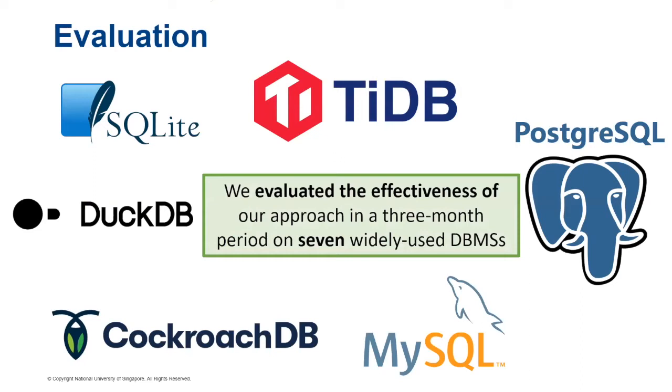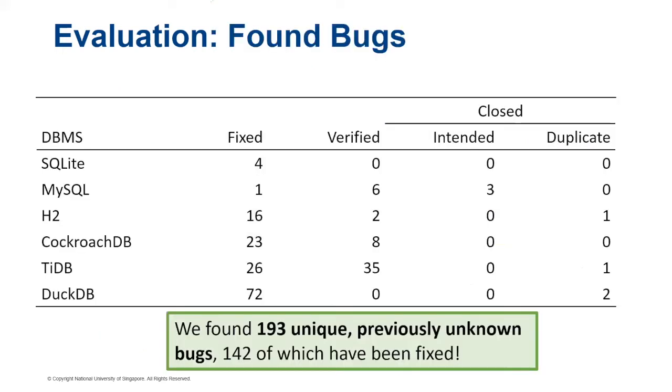So when we first described our approach in the paper, we evaluated the effectiveness on 7 widely used database management systems. So from this, you can already see it's actually quite easy to realize because I was able to implement this for 7 database systems. And in this period when we tested it, we were actually able to find and report close to 200 unique, previously unknown bugs.